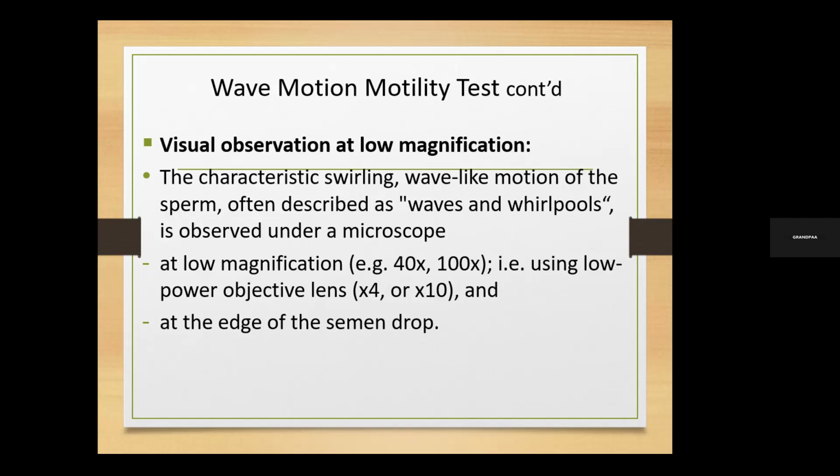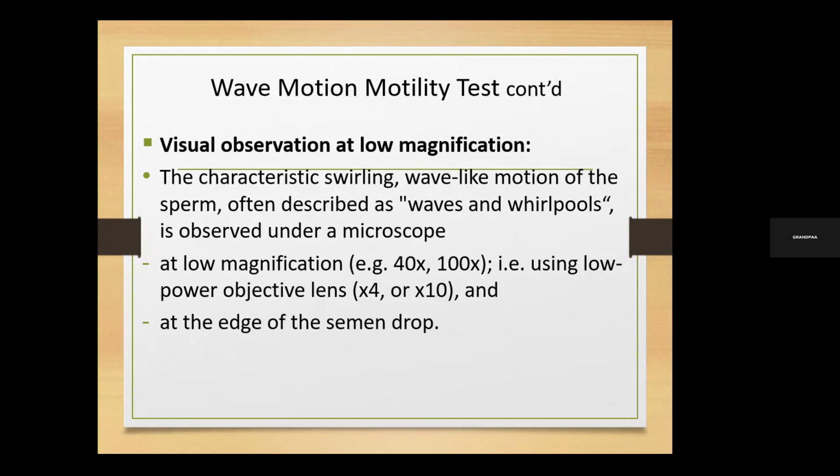So you are going to concentrate at the edge of the drop, and you are going to see that kind of wave-like motion there. And the intensity is what you record. You are not recording it as part of your report for semen analysis. I've said that the wave motion is not part of the parameters that you're going to record, but it's just for your own guide.